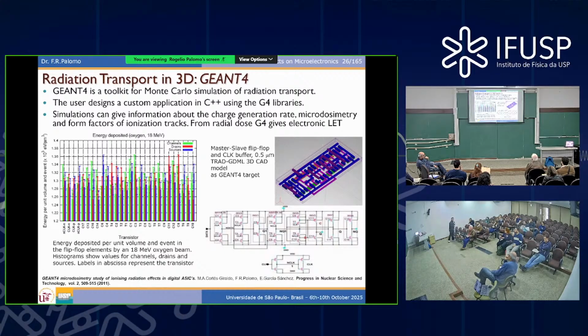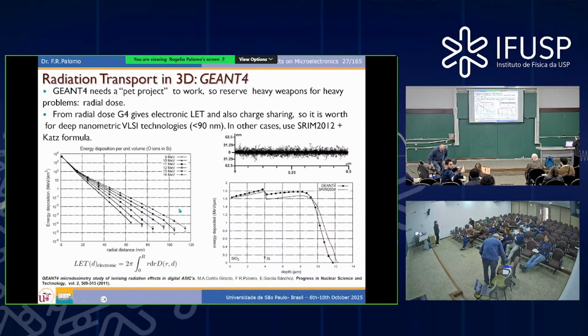Then you make your program and so on. This is the energy deposited for an experiment I was interested in in those years, oxygen at 18 MeV. I think it was published in Japan, but it's not worth the effort. Not because of Geant4, but because of the need of making the model exactly. In those years there was no software to make that automatically. Nowadays there is software that automates this, but I insist, it's not worth the effort.